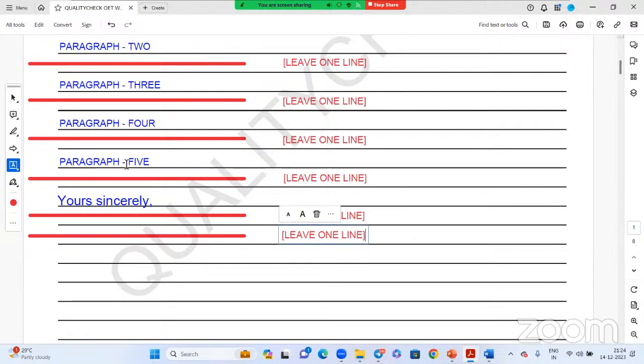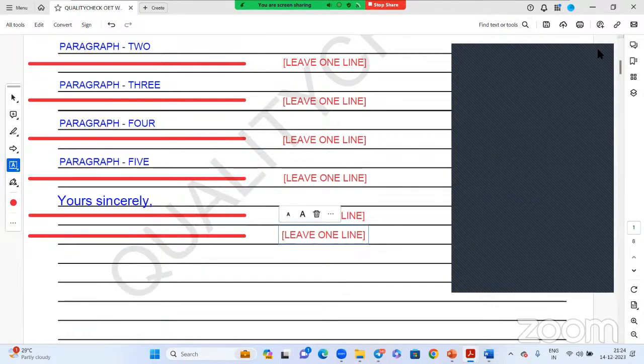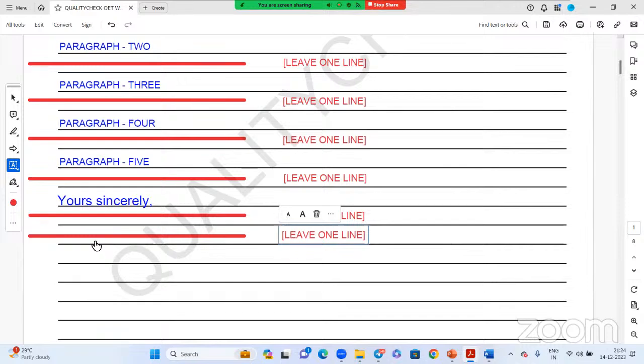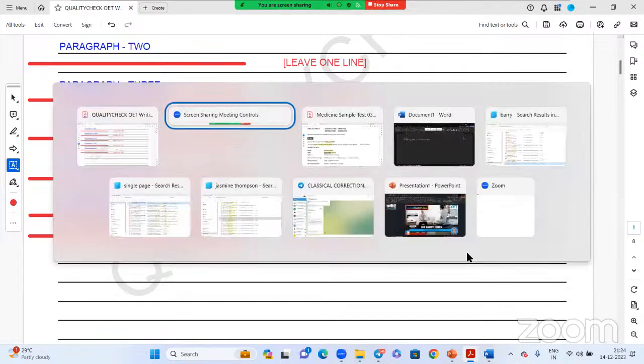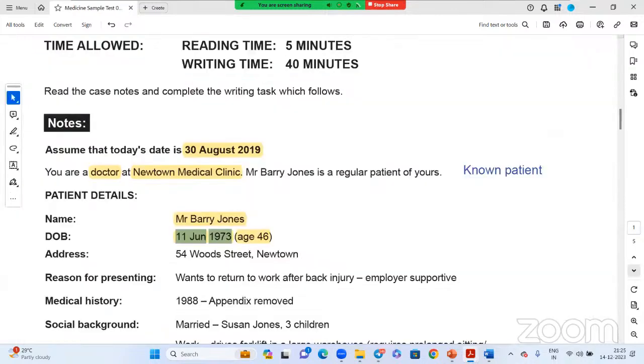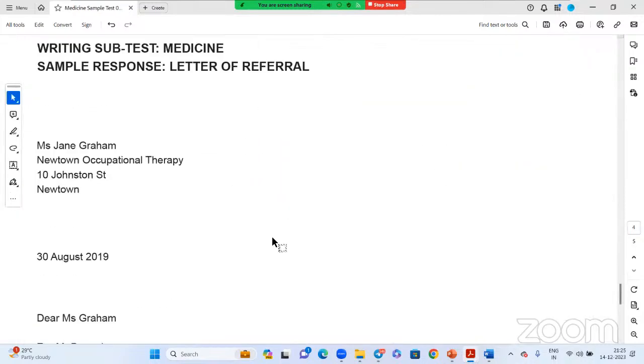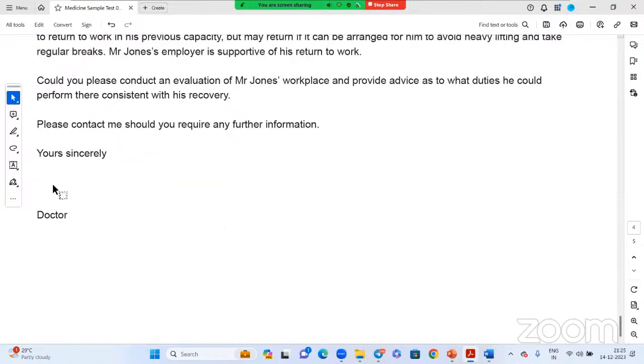Because here normally you will leave one line and there will be a signature. So you're going to write your signature or your name. You may be thinking why sir is telling like that. See here, double line is left. This is how you are supposed to leave.